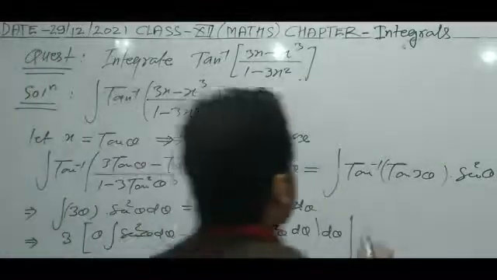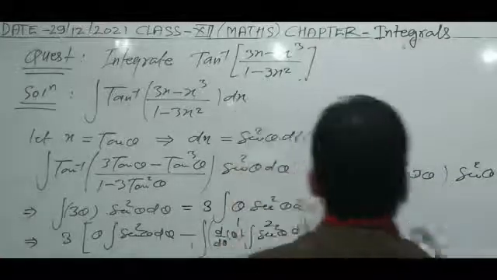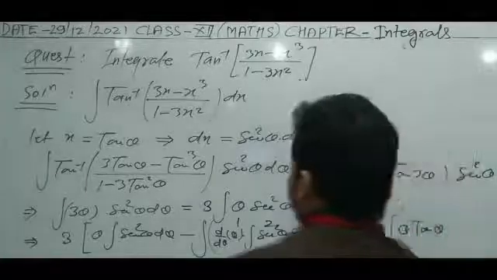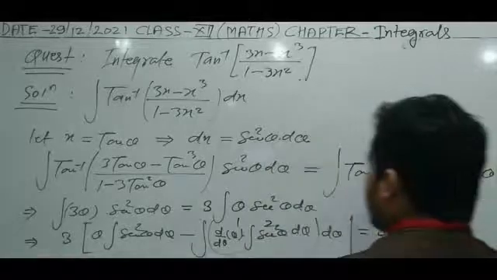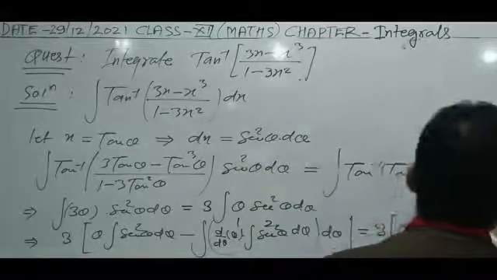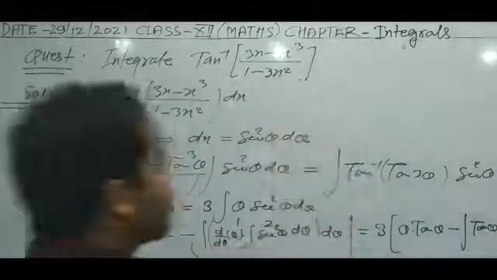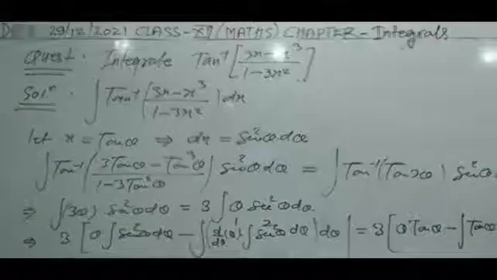And now this one we can write 3 times theta into tan theta minus integration over tan theta d theta. Now again we have to solve.